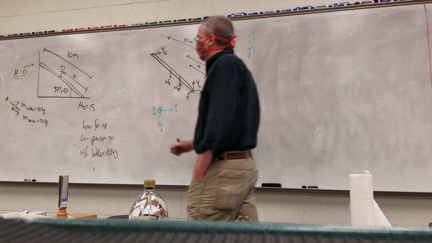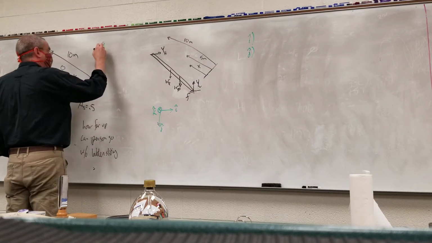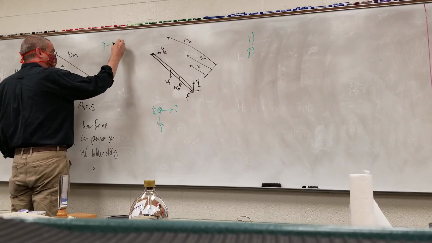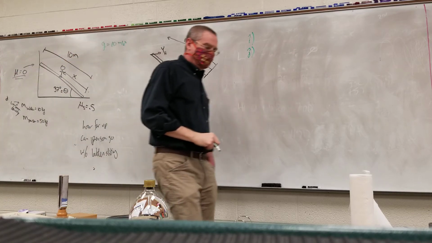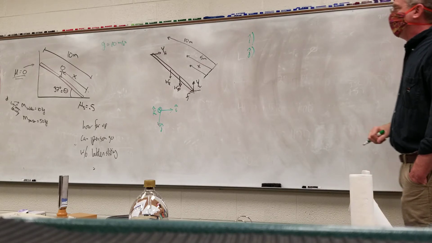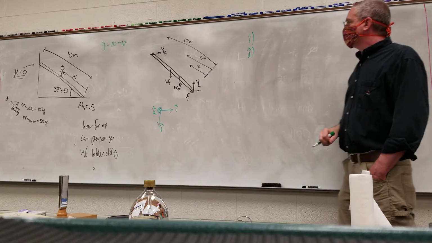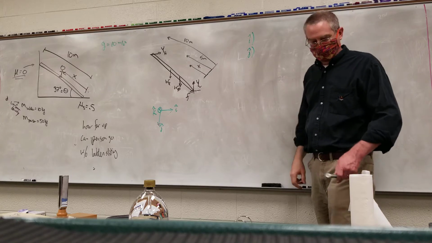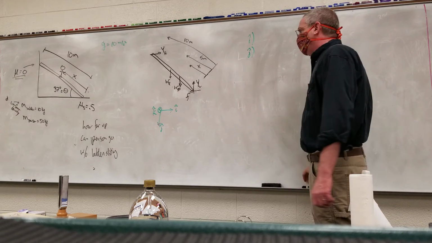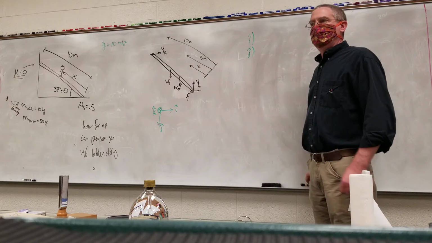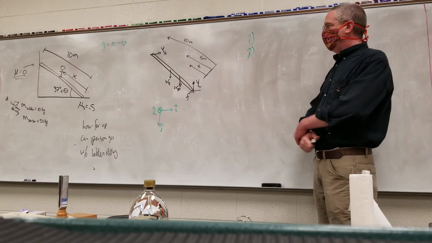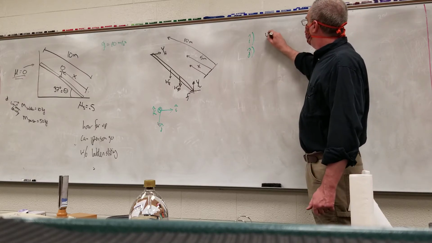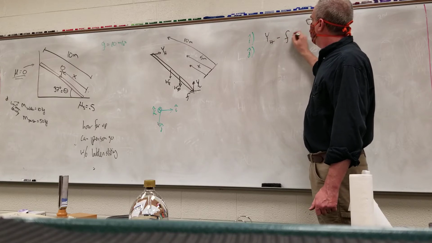Again, let's just make this on some planet where G is 10 meters per second squared, just to simplify some of the math. All right, so what's my I hat equation? Y sub h minus friction equals 0.